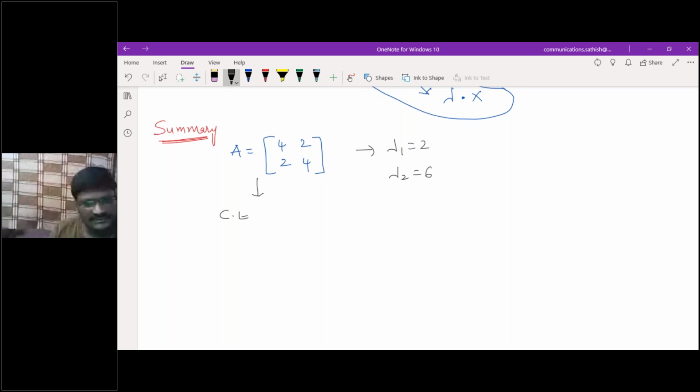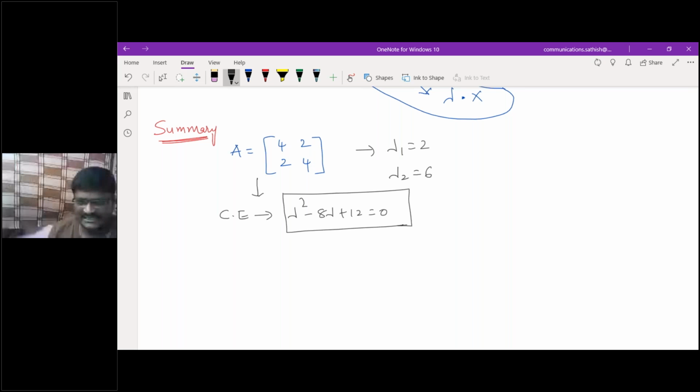Similarly, the characteristic equation you calculated as lambda square minus 8 lambda plus 12. I just took this as an example because you already calculated it for this matrix itself. Yes, these values you calculated for the above matrix.